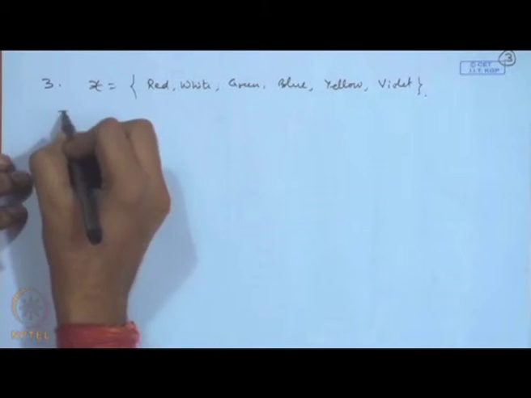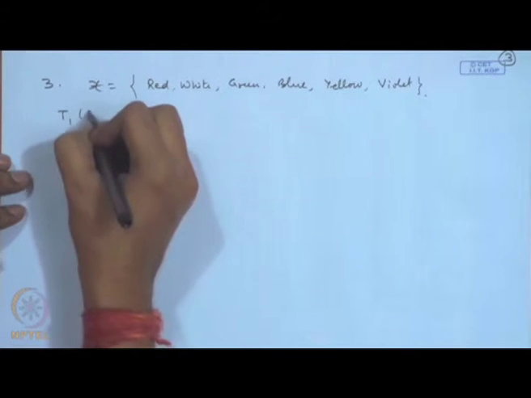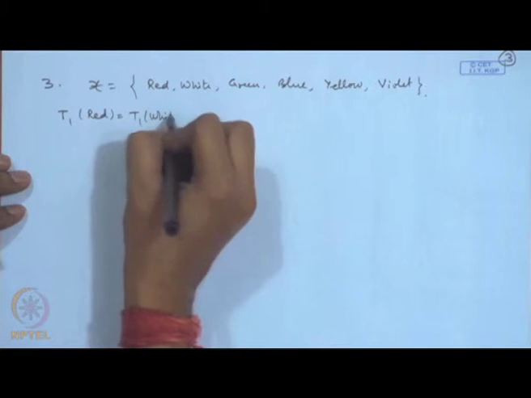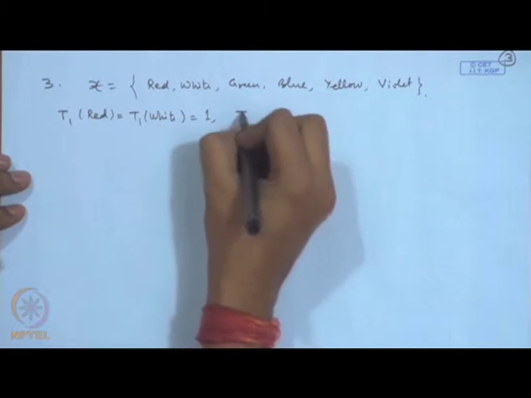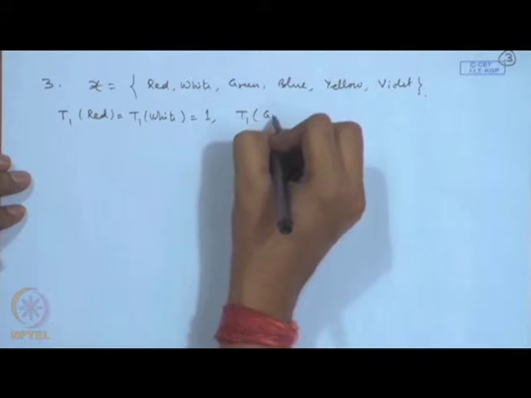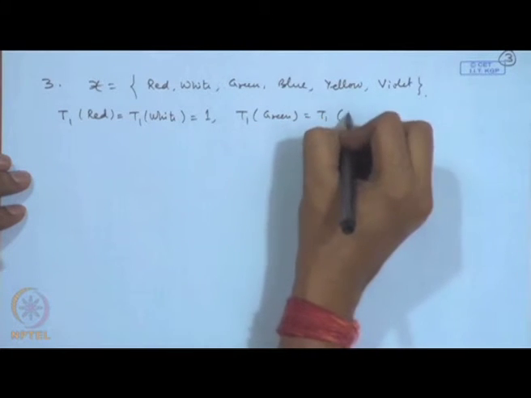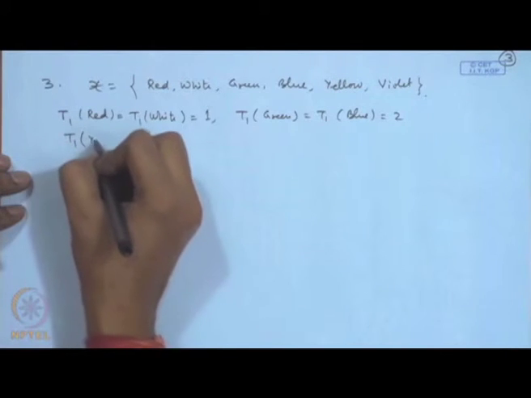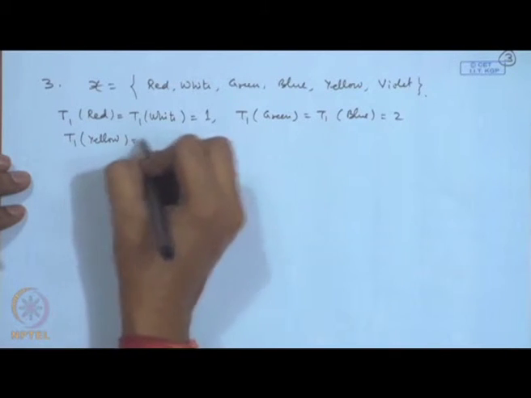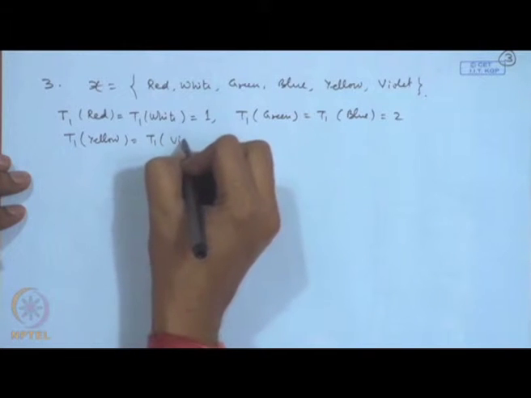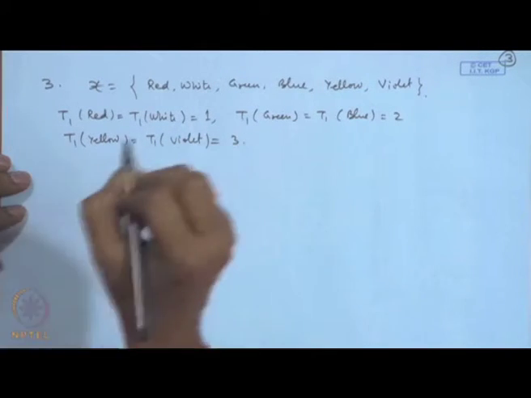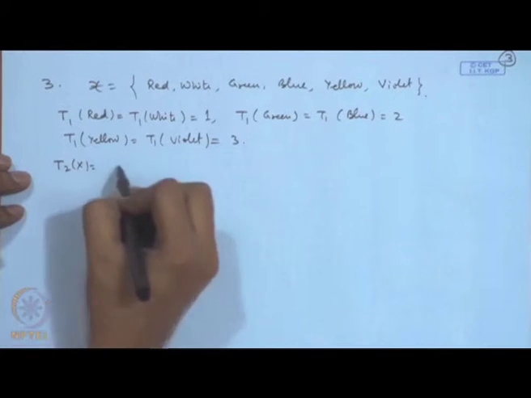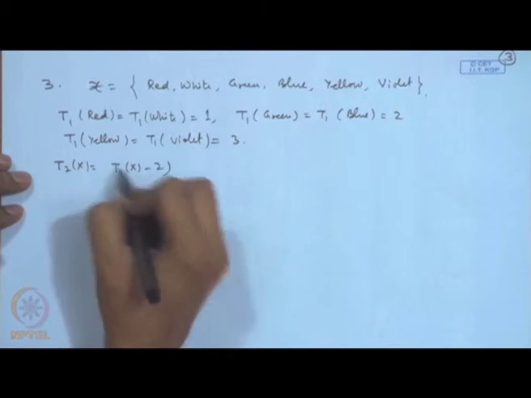I define a function T1 of red and T1 of white, I assign the value 1; T1 of green and T1 of blue is equal to 2; T1 of yellow and T1 of violet, suppose I define it to be 3; and I define T2(x) is equal to (T1(x) minus 2) whole square.